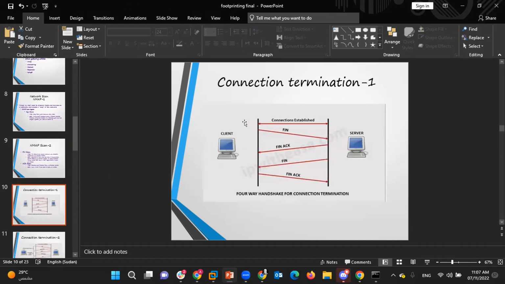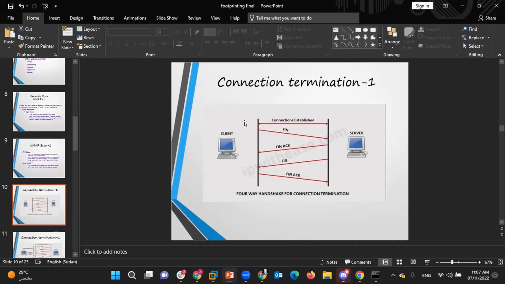here we can find the connection is firstly established. Already it is established. And then the client asks to close this connection. He sends a FIN packet. The server receives the FIN packet and sends another packet, called FIN ACK, to the client.